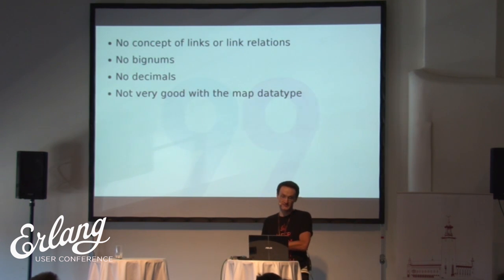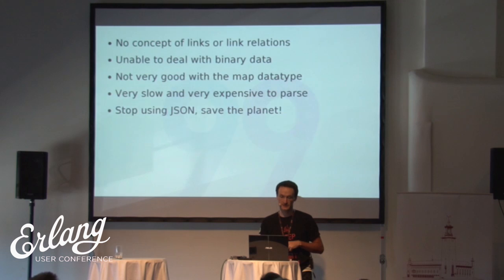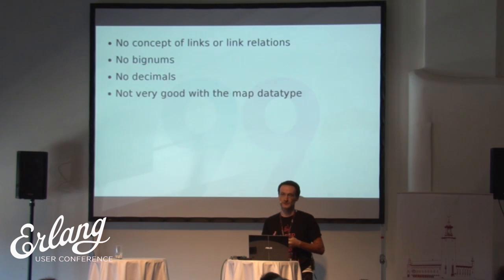But yeah, message pack is a little better, but it still doesn't have links or link relations, and it doesn't have other things I want, like big nums or decimals. By the way, decimals in JSON are terrible because if you send a number, JSON basically has only a float, and that's not a very good precision.